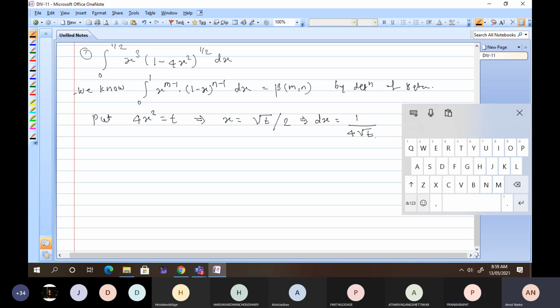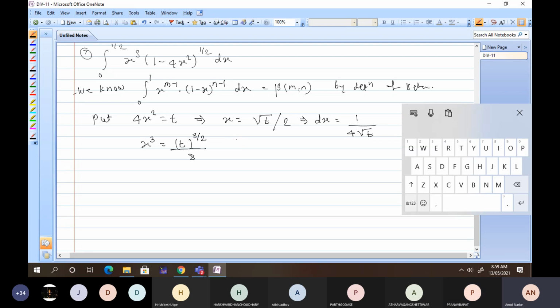This is the value of dx. Now find the value of x cube. X cube is t raised to 3 divided by 2 whole divided by 8. Am I correct? Yes, sir.